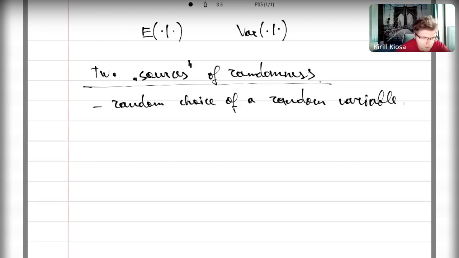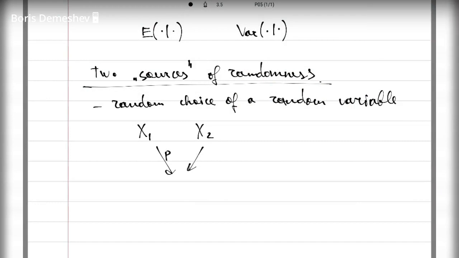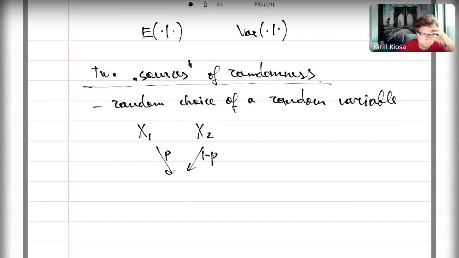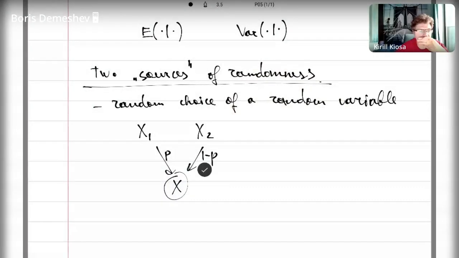Something like you have the random variable x1, you have the random variable x2, and you randomly take either x1 with probability p or x2 with probability 1 minus p, and the resulting random variable is x. And you can ask some properties of this random variable x, its expected value, its variance, and so on.